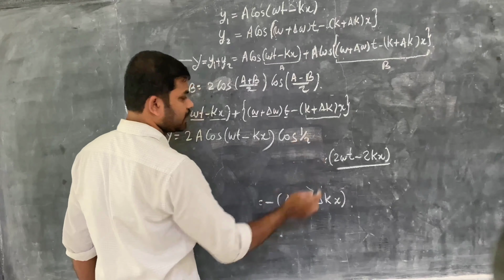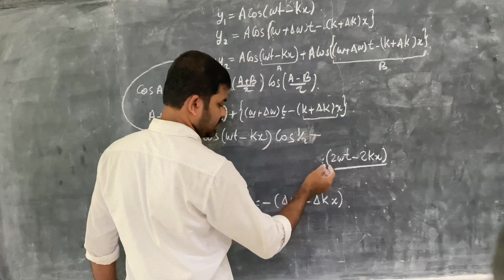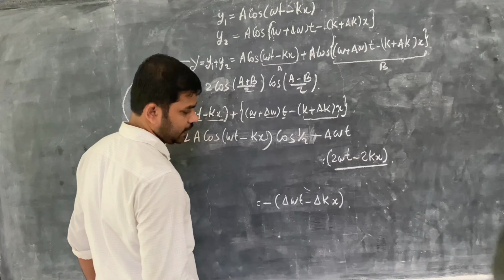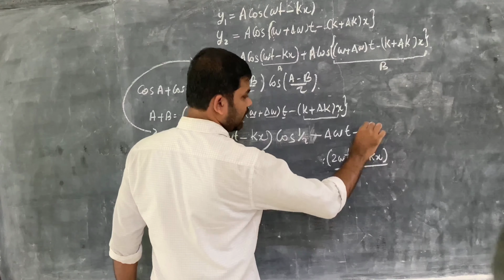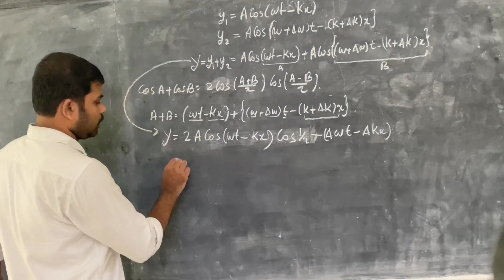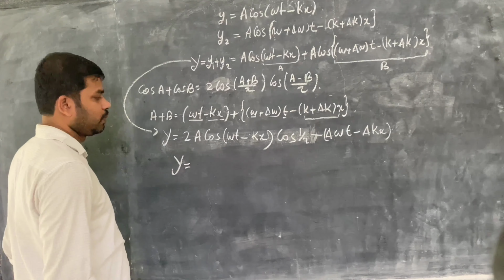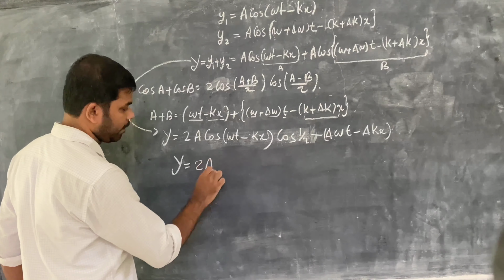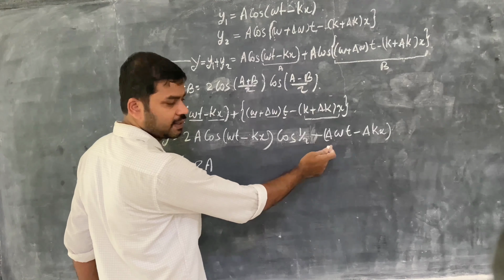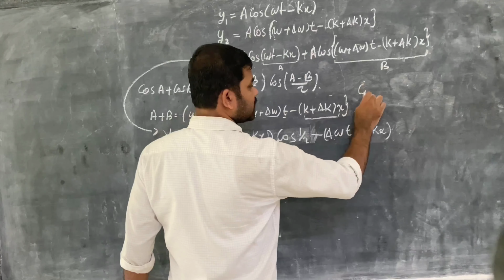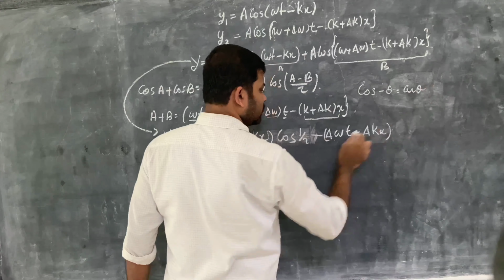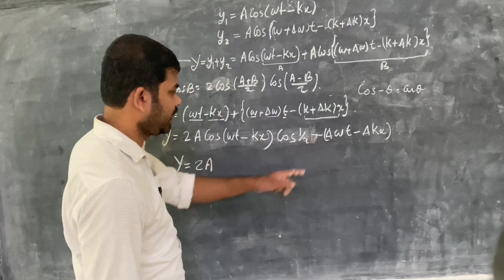I can write this as half into minus (Δω t − Δk x). So y is equal to 2a cos of half into minus theta. Cos minus theta is equal to cos theta, so we can omit this minus sign.